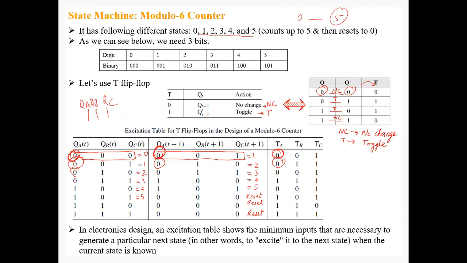When QA is 0 and QA plus is 0, what is the value of T? 0. What is the value of T when QA is 0 and QA plus is 1? 1. This is the case, right? That's what I have. See, I did the same thing again and again.